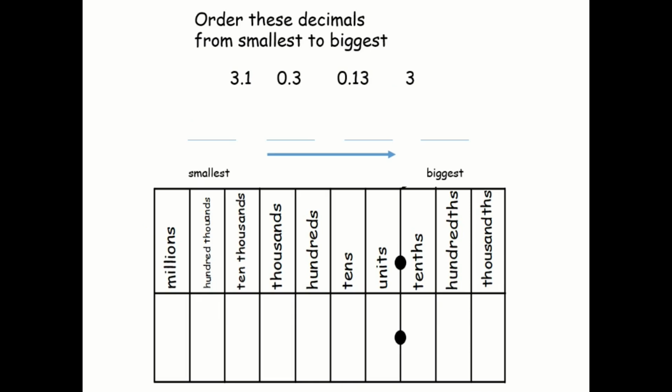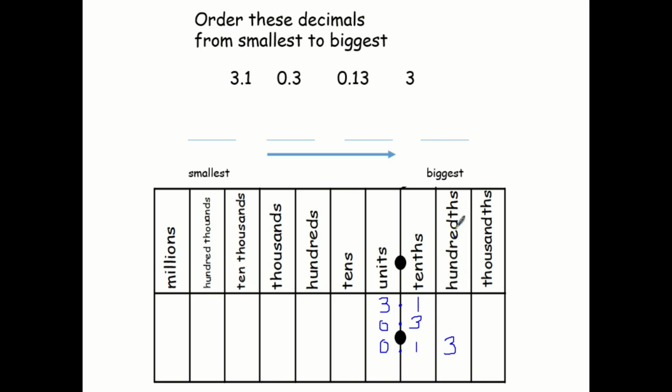Okay, order these decimals from smallest to biggest: 3.1, 0.3, 0.13 and 3. Okay, so we've got 3.1, 0.3, 0.13 and 3. Well, 3, where does that go?